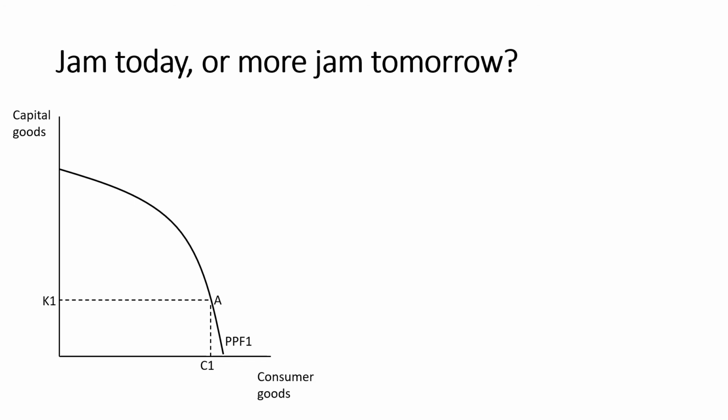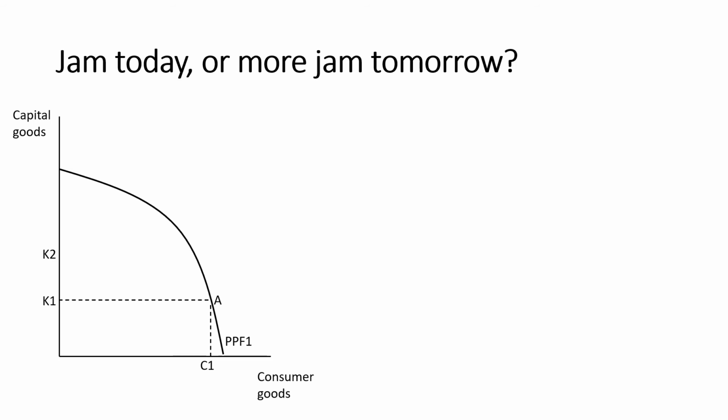As you know, to achieve economic growth in the long run, you need to invest to shift the PPF to the right. Investment requires an increase in the production of capital goods, so you might want to increase your output of capital from K1 to K2.